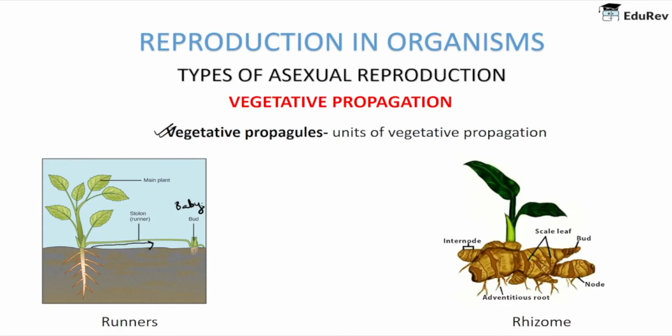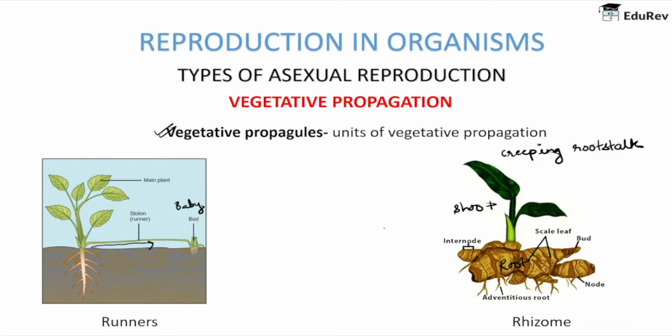Rhizomes are also called creeping rootstock. So these are the horizontal underground plant stems which are capable of producing the root or the shoot system of a new plant.